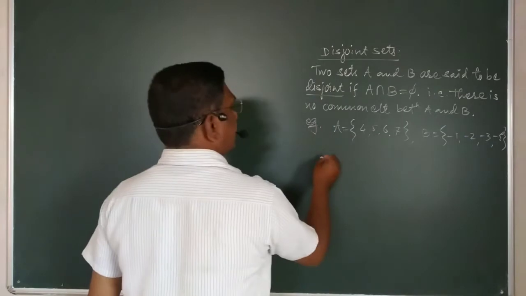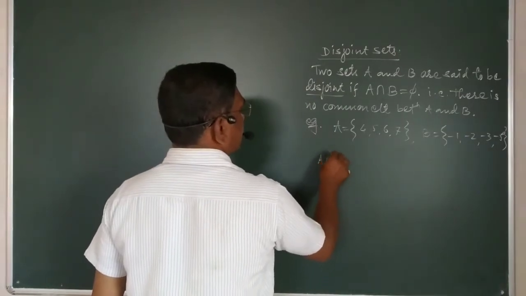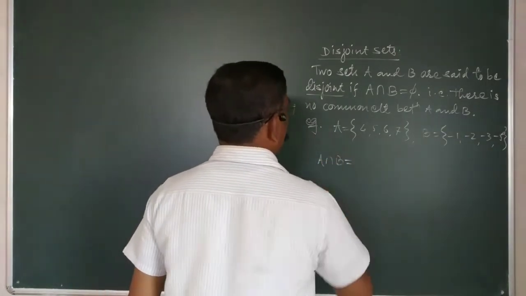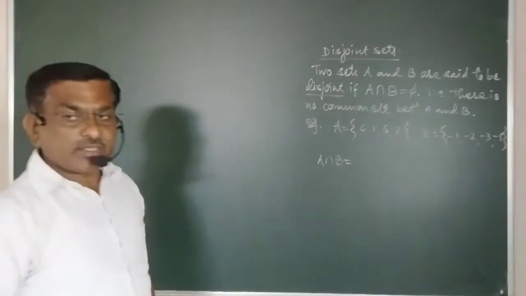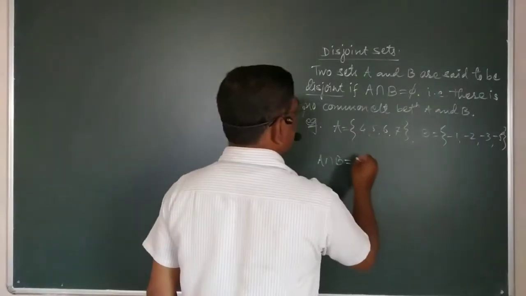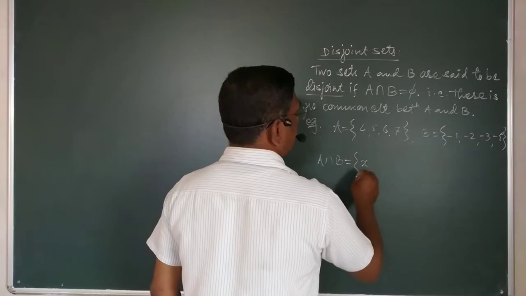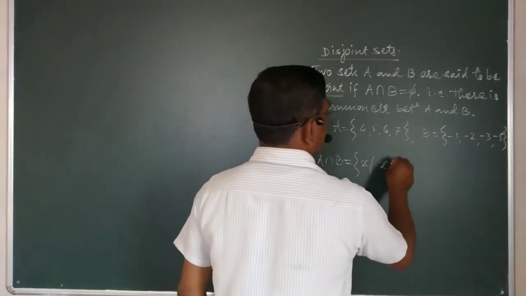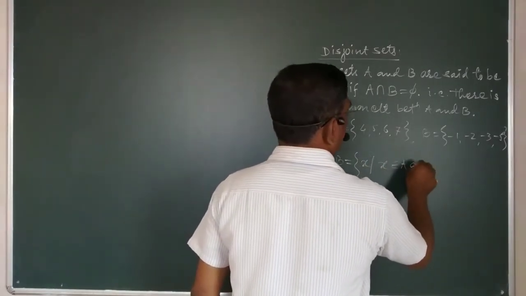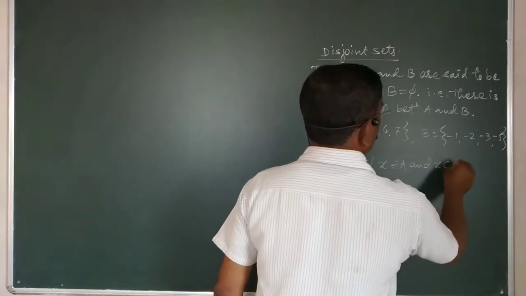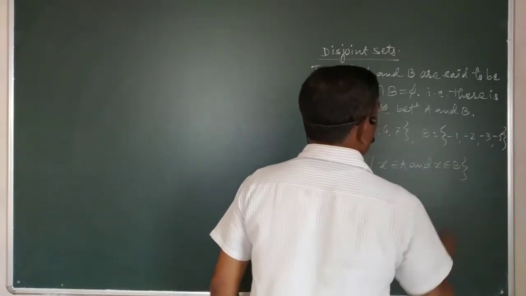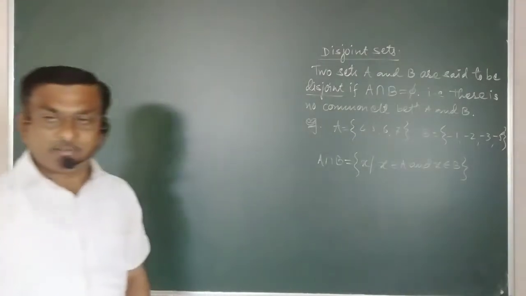Then you will find what the intersection is. First of all, let us find the intersection of A and B. As we know, the intersection of A with B is the set of all elements x such that x belongs to A and x belongs to B. Means they should have a common element.